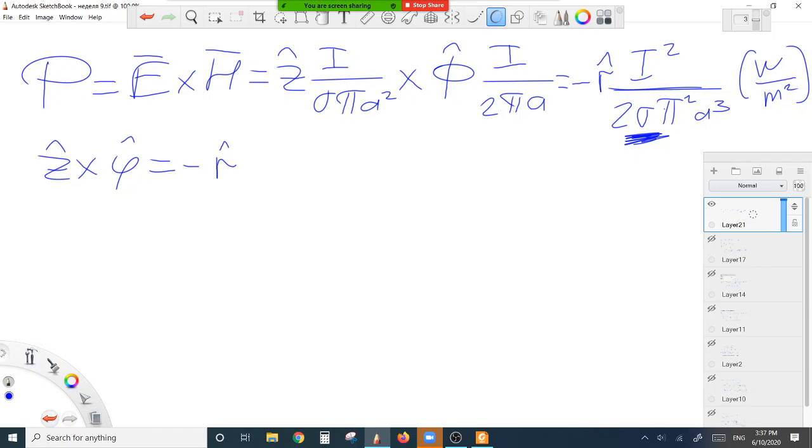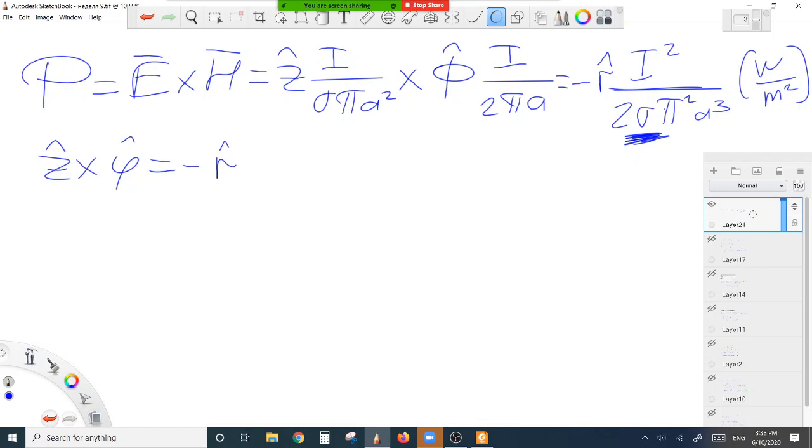The most interesting aspect of this calculation is that this power is directed into the conductor, which means that it must be dissipated in the conductor. The total power is the integral of this power density over the entire surface of the conductor. In the case of the cylinder of length L, the surface is made of a cylindrical surface and the two bases.